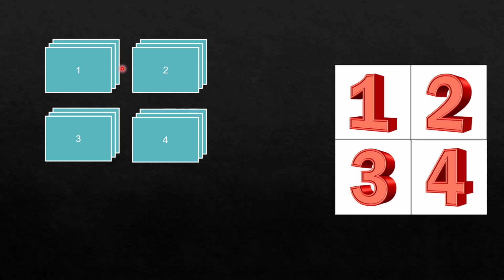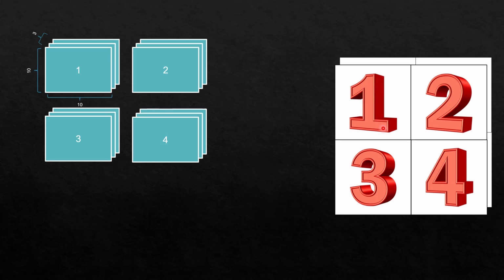Okay, now let us try to see what the height and width of this will be, because each and every image has height 10, width 10, and color depth 3. So let's draw the color depth for the final image. It will look something like this, so we want to match this structure.